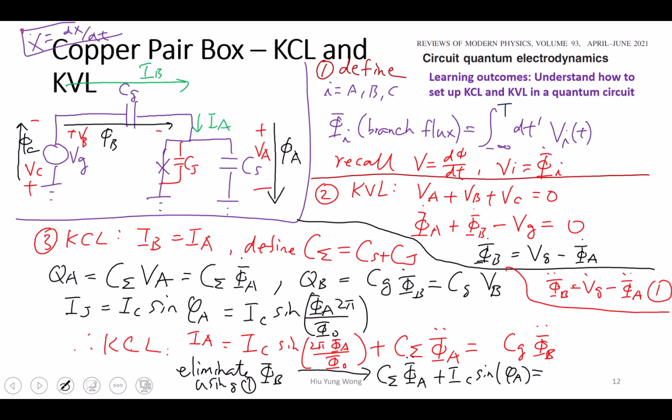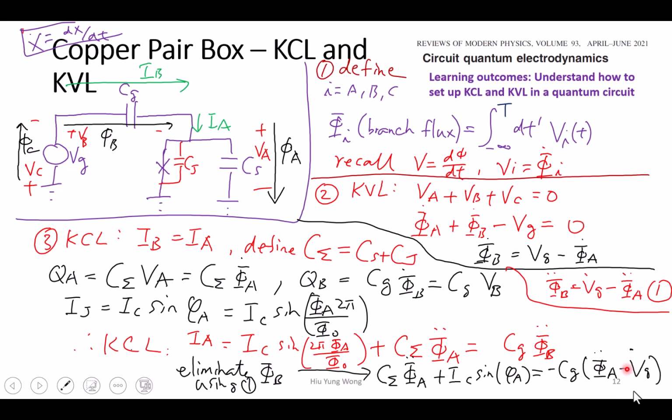Then you substitute 1 into here. Do you see that when I substitute this to here, what do I get? It becomes CG times phi A, I put a negative in front, minus VG dot.